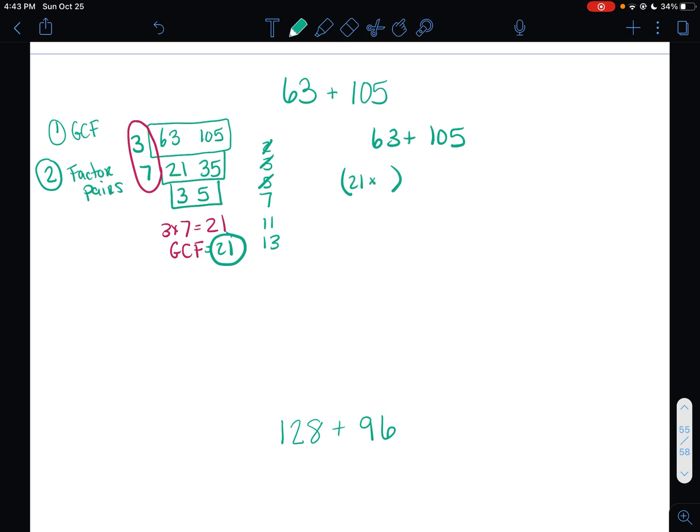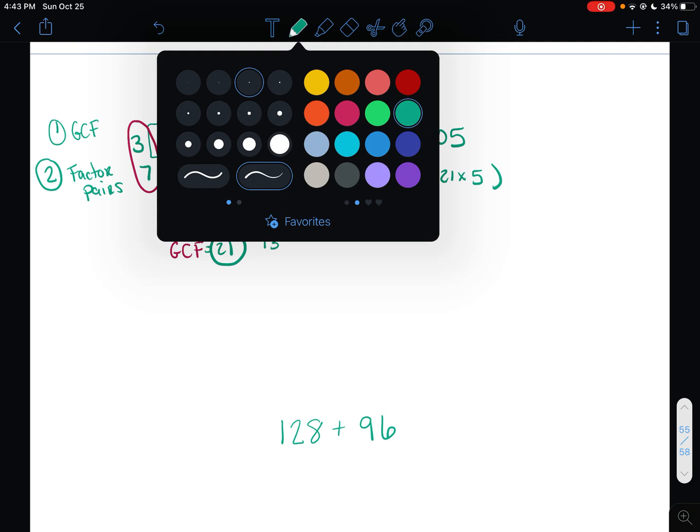So I would do 21 times what gets me 63. 21 times 3. And 21 times what gets me 105. 5. Okay, so notice I did use that greatest common factor in my factor pairs.